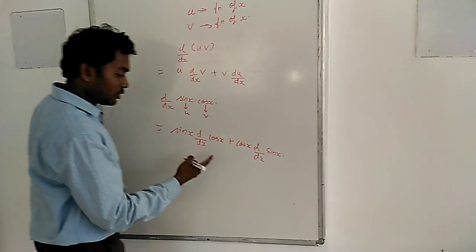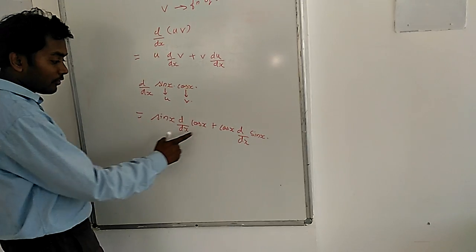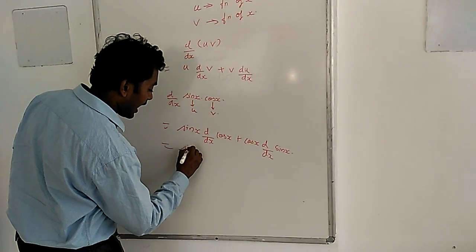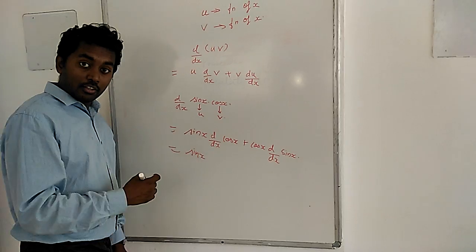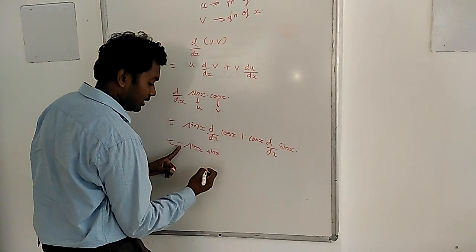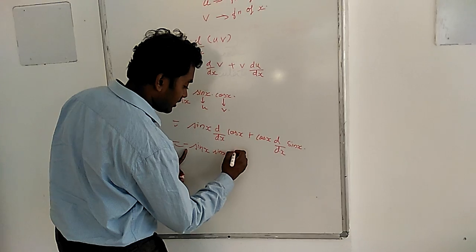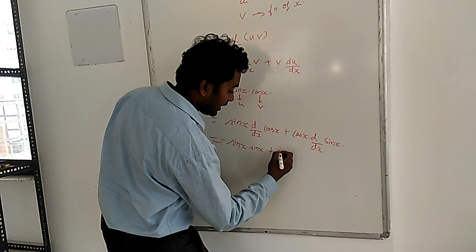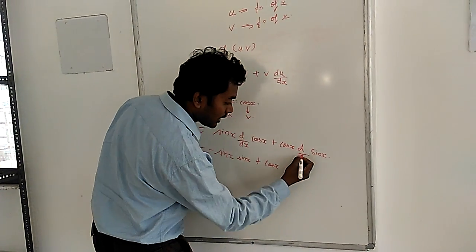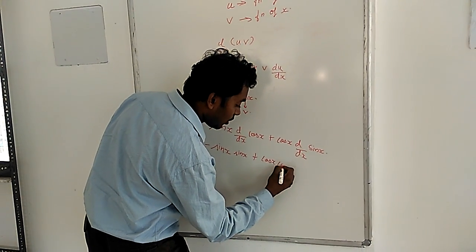You must know the formulas of the derivatives of sin x as well as cos x. So sin x will remain as it is. The derivative of cos x is minus sin x, so I write minus sin x here. Then cos x into derivative of sin x, which is again cos x.